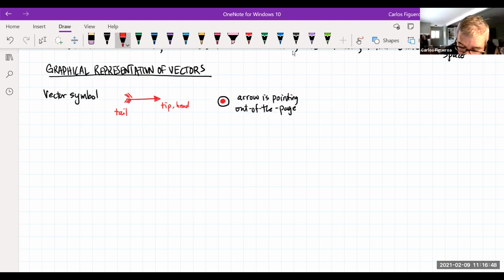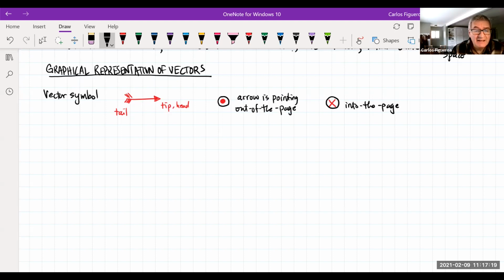And if the arrow is pointing into it, then the direction is into the page. So there's lots of ways to do that. You're going to see that when we start dealing with three-dimensional vectors, I think it's in chapter 10 or so, we'll really be paying attention to that.